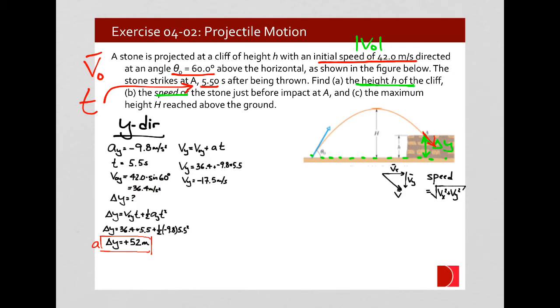However, we also need to know the x component of the velocity. We can find it directly because we know the v0 vector. The x component will be the magnitude of the initial velocity times the cosine of the launch angle.